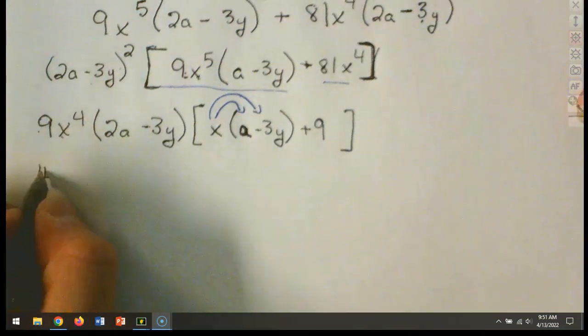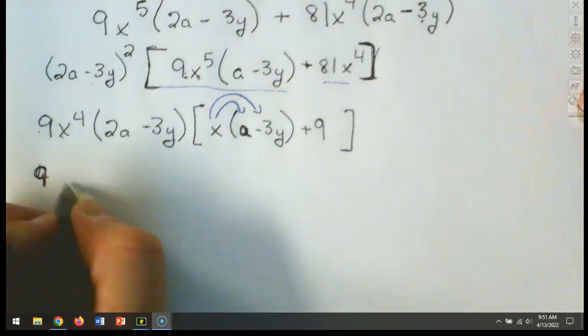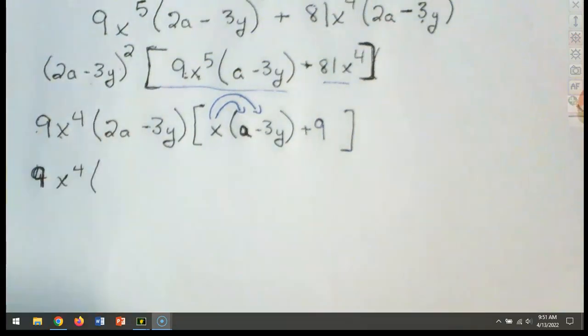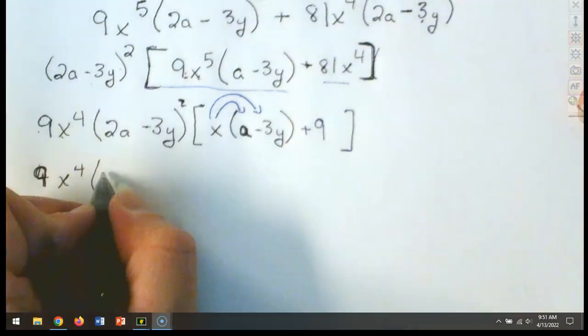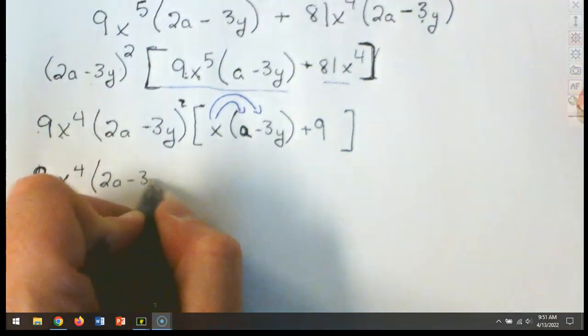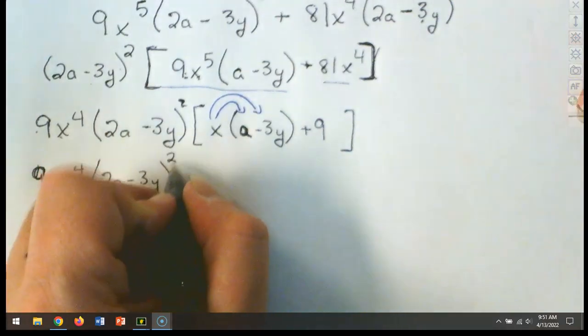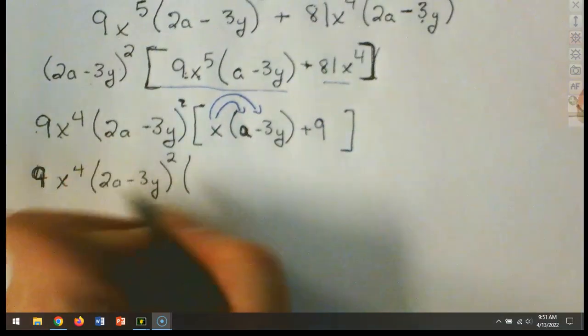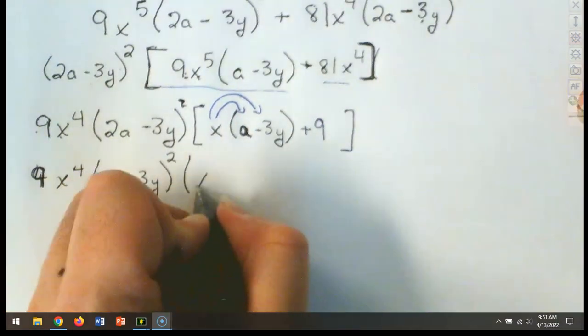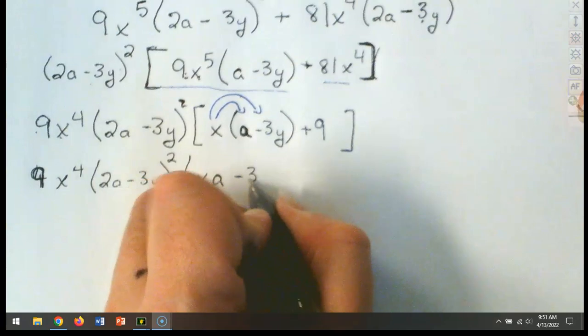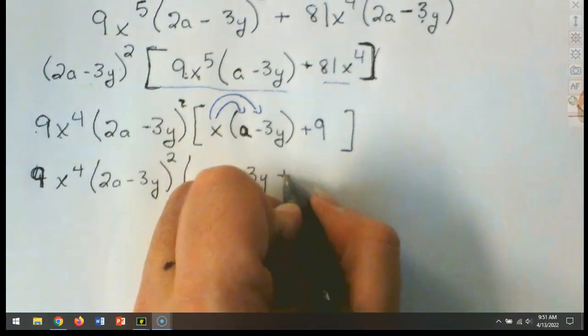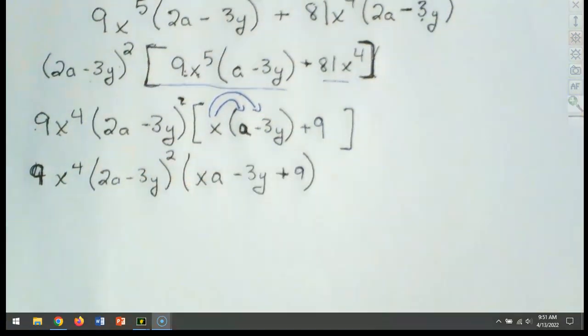So out in front, it all stays the same. So 9x to the fourth stays there. And that should be squared there. A 2a minus 3y, quantity squared, stays there. Now, that x gets distributed through. So that's xa minus 3y plus 9. So we distributed it through.